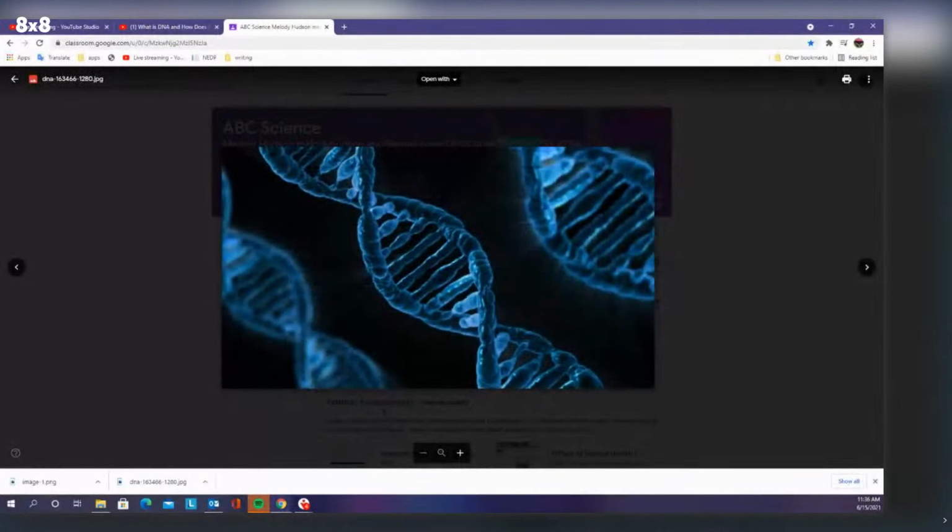this is a picture of an actual DNA molecule. Notice how it twists and bends, and it forms what is referred to as a double helix. These are our amino chains. We're going to talk about that.